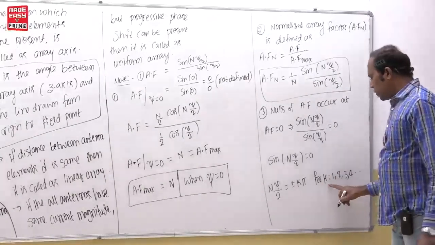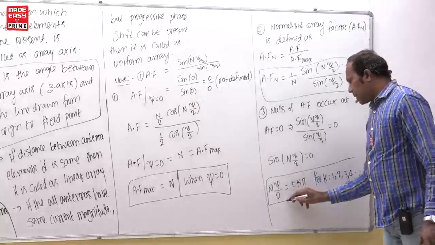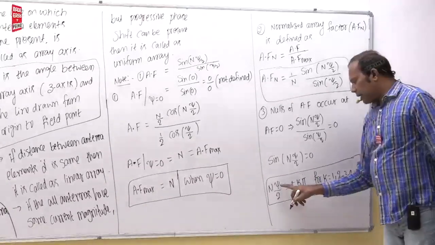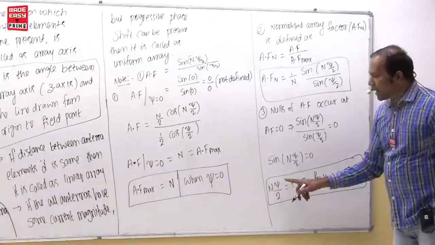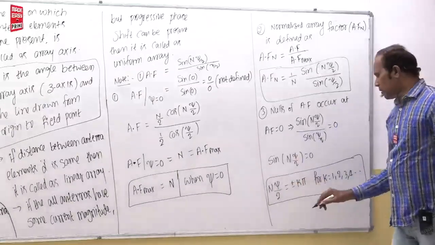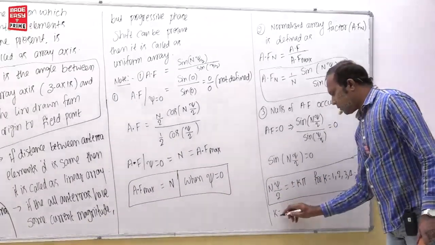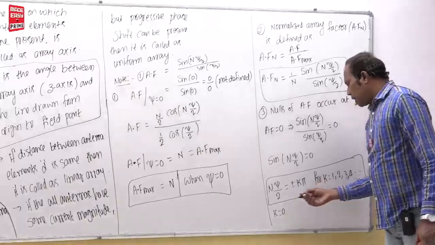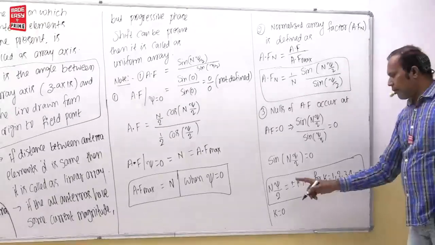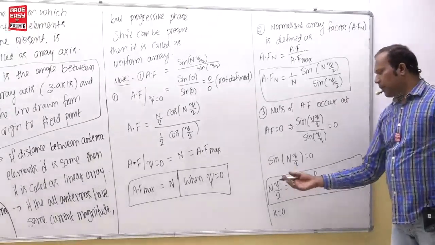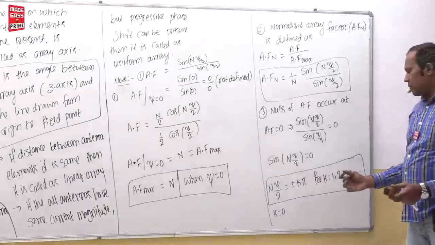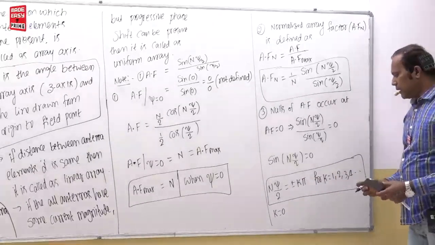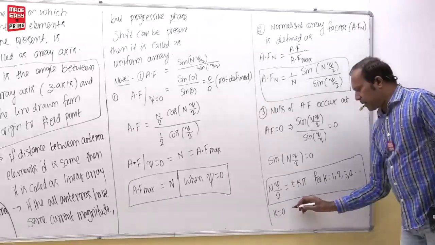You should not substitute k 0, because if k is 0 then psi is 0, and that is allotted for the maximum. So k 0 is for the array factor maximum, so nulls won't come. That is why I have excluded it. Be careful, k 0 is not permitted.